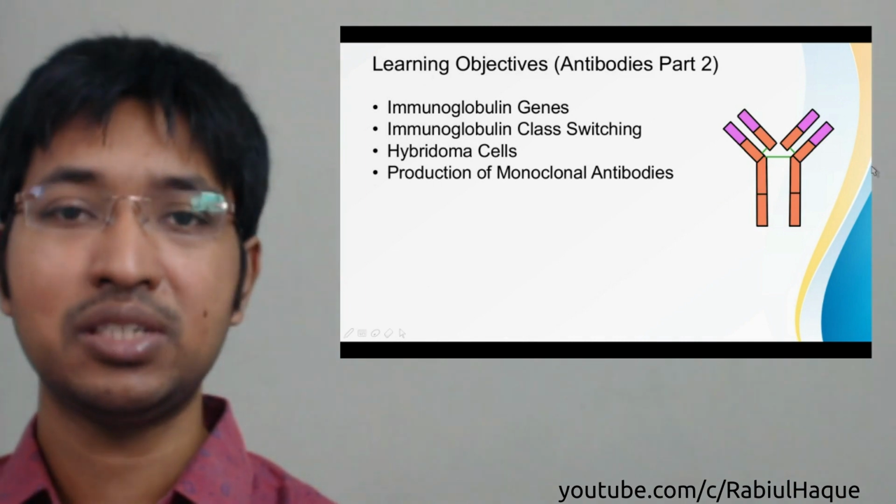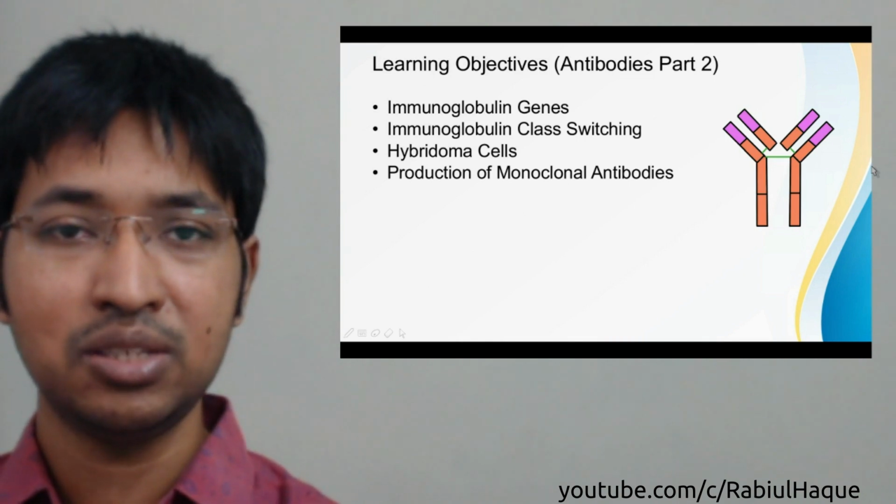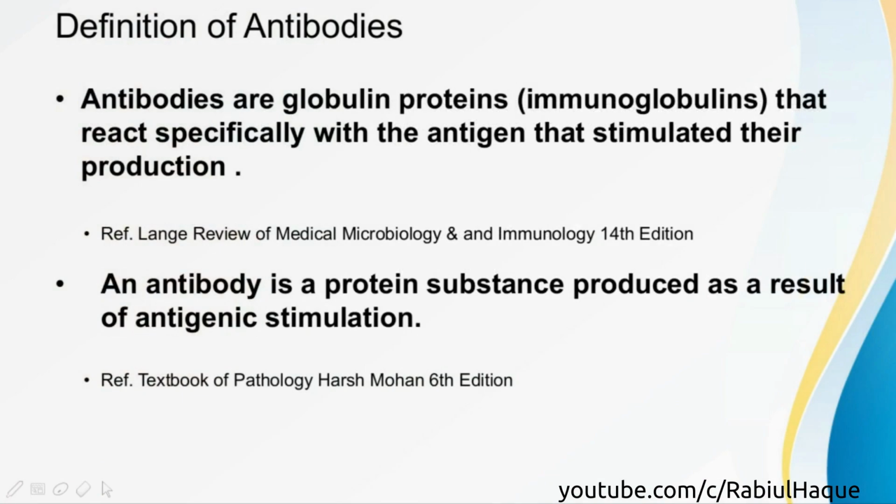We will start our discussion by talking about the definition of antibody. So how can we define antibodies? As we can see, antibodies are globulin proteins or immunoglobulins that react specifically with the antigen that stimulated their production. We can also define an antibody as a protein substance that is produced as a result of antigenic stimulation.